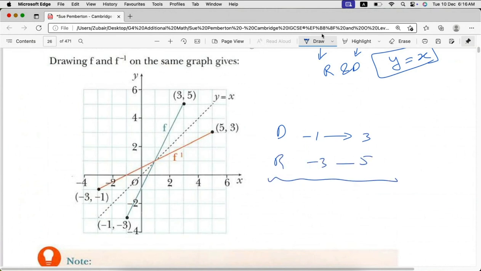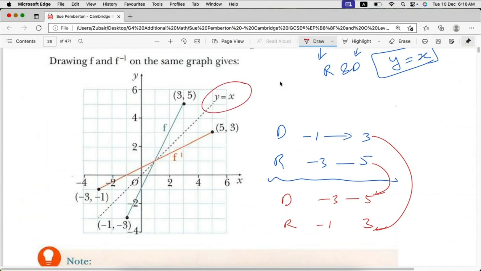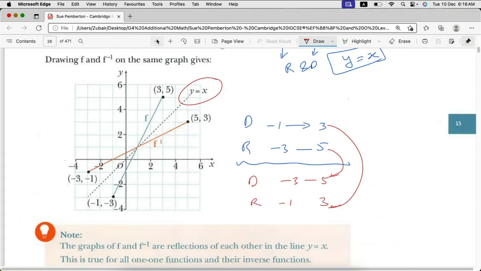Now the one in red: the domain is values of x from -3 to 5 and the range is -1 to 3. See, the domain becomes the range and the range becomes the domain. They are a reflection of each other in y equals x.